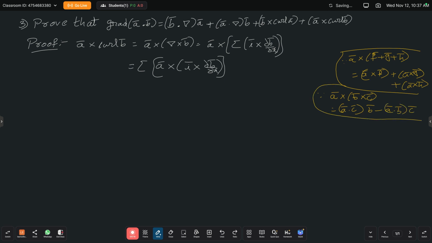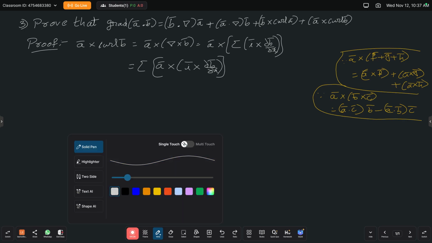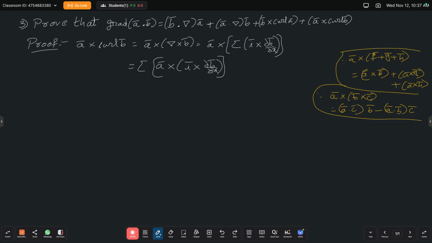Using this formula inside the summation, this summation becomes a bar dot dou b bar by dou x into I bar minus a bar dot I bar into dou b bar by dou x. Both the terms have summation.